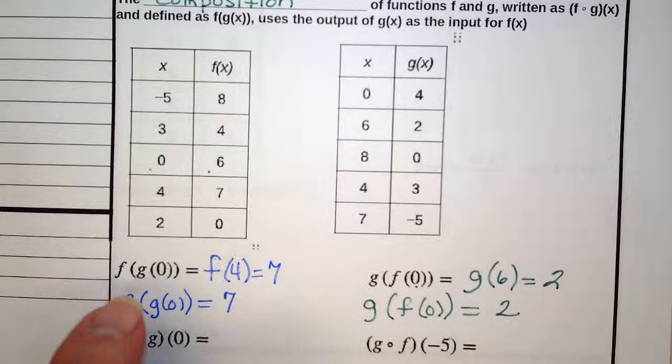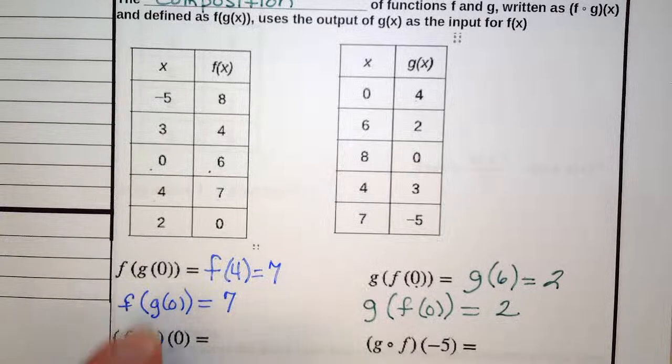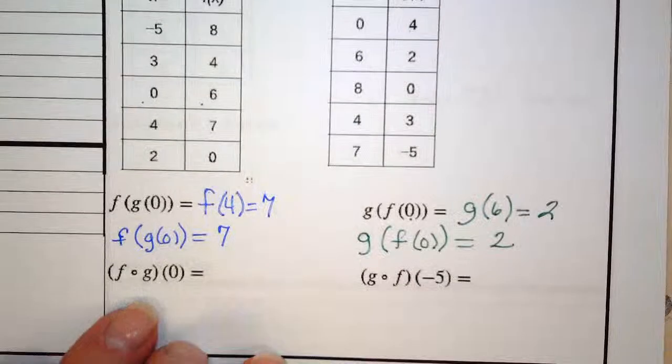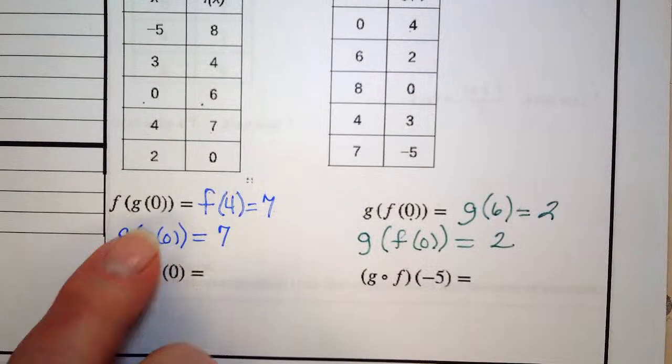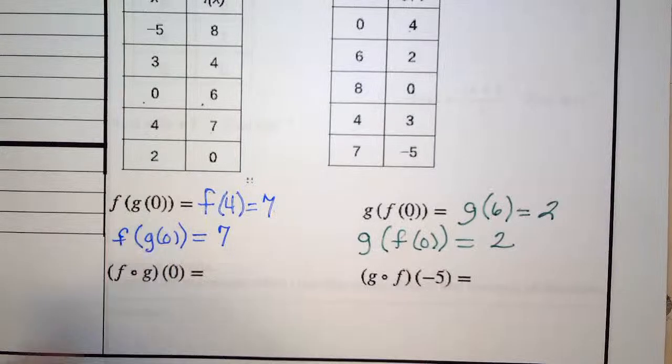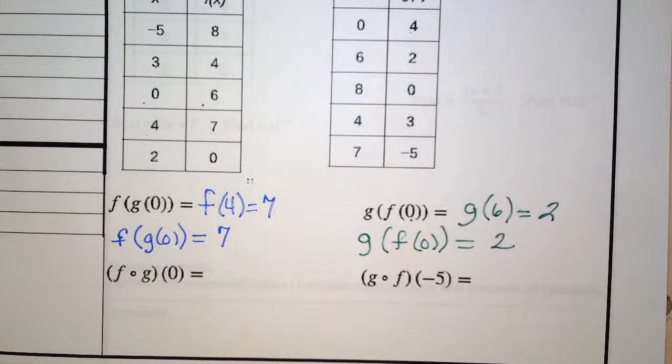Okay, these two mean the same thing. It's just writing it in a different form. I call this f of g. I call this f of g of 0. Both of them mean the same thing.